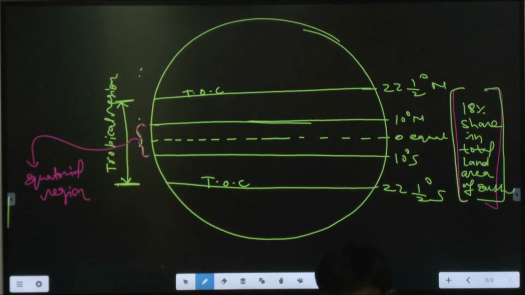Equatorial region means 10 degree north to 10 degree south. This is the first information. Similarly, you should write down the second point, which again validates this information.